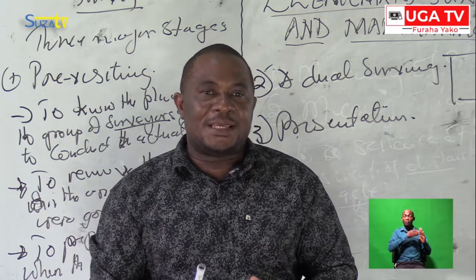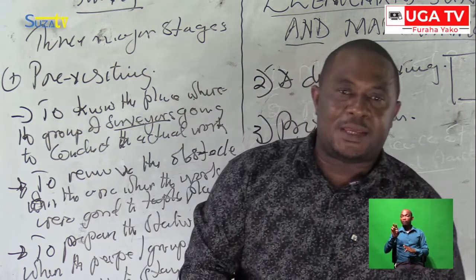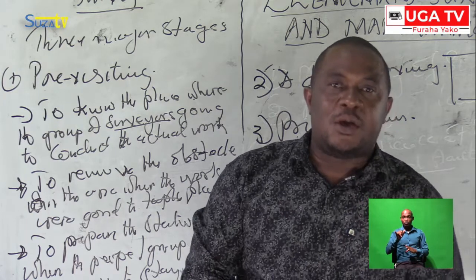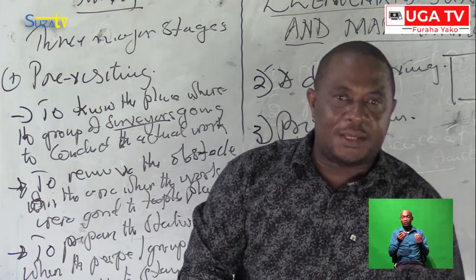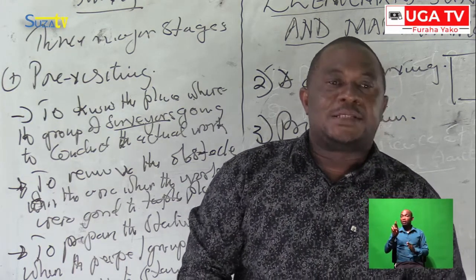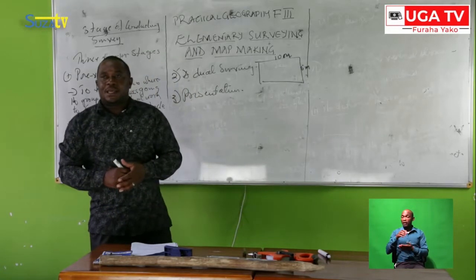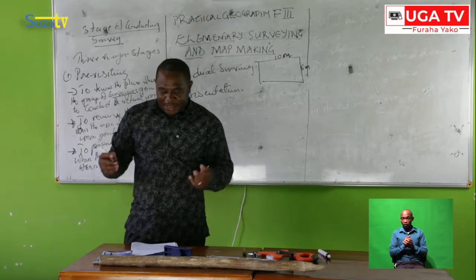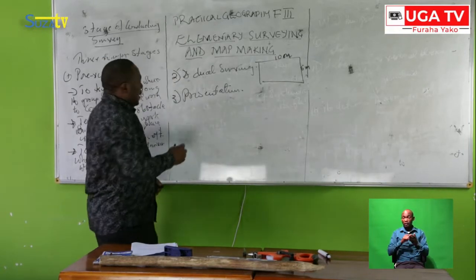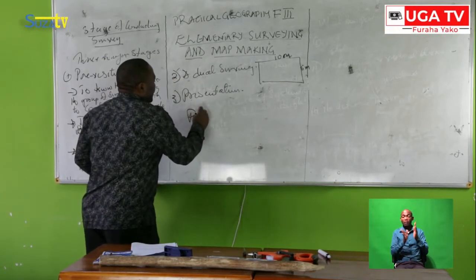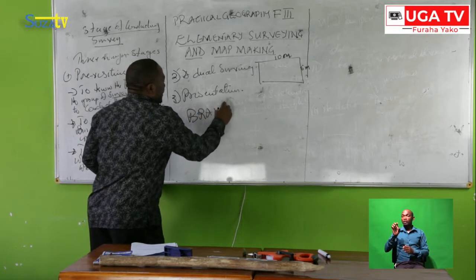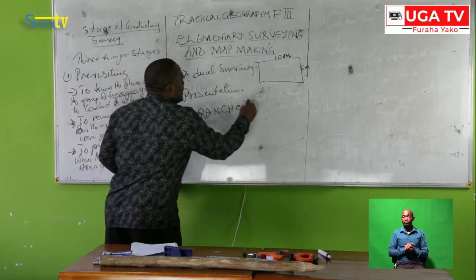But there is not just one surveying, or one branch of surveying, my students. There is a variety of branches they deal with. Take for example the branches of surveying.